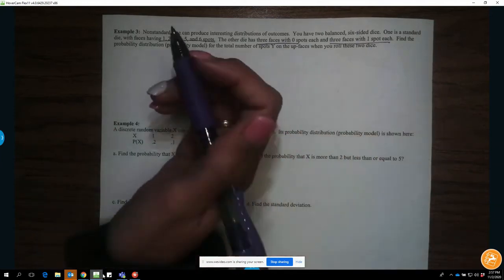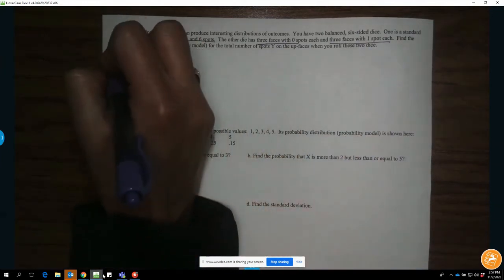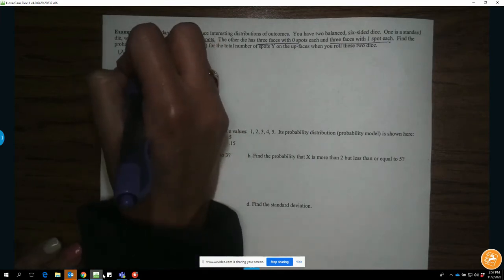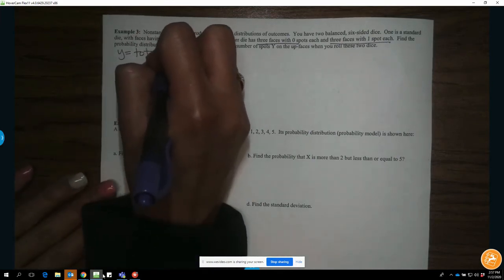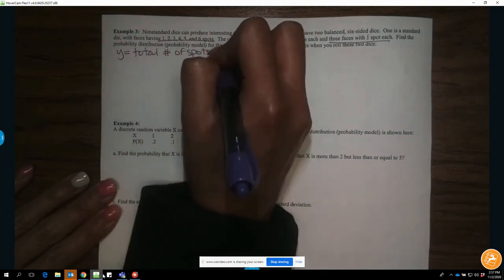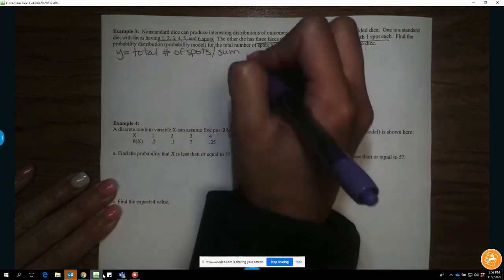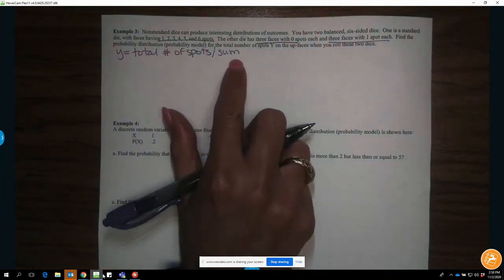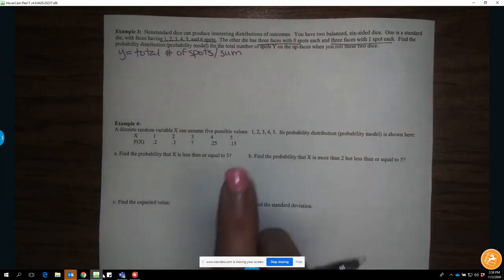So again, that table. You first start with defining the variable. So I guess we can say y equals the total number of spots, or you can say the sum of the two dice. Either one.